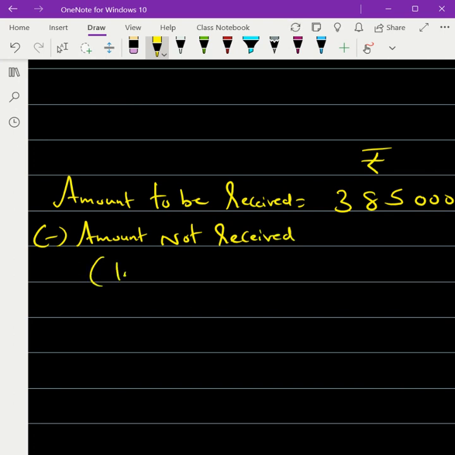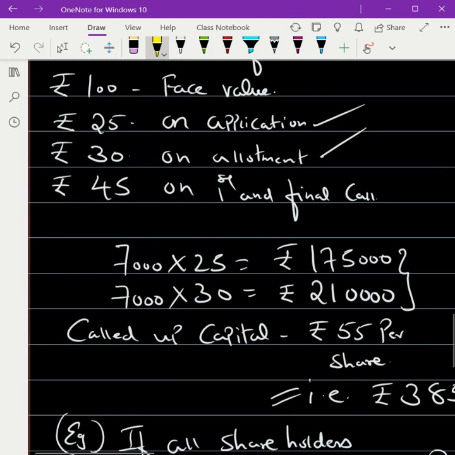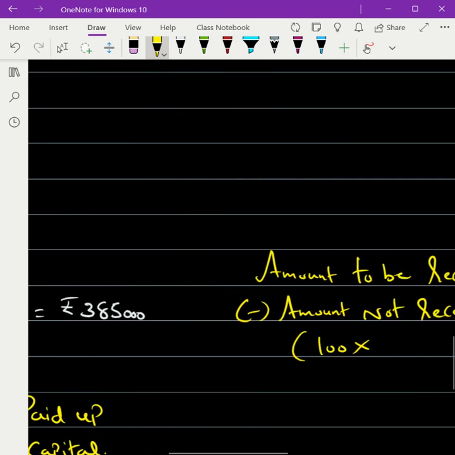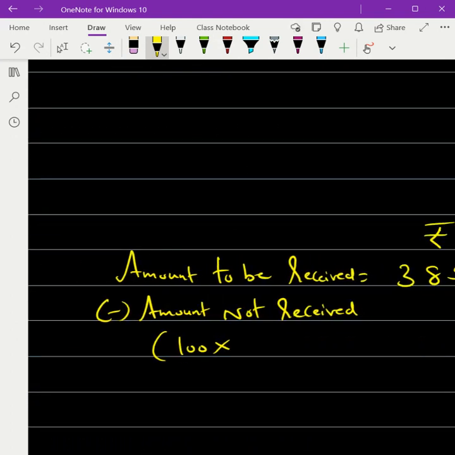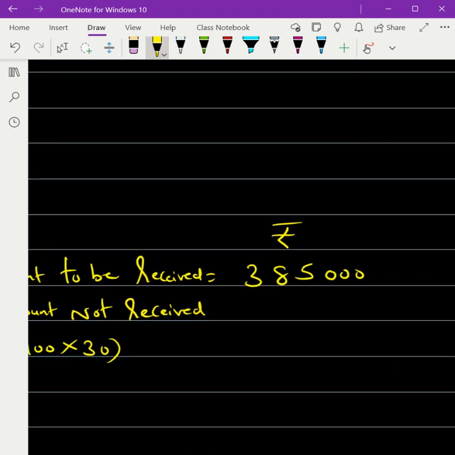That means on 100 shares, which value have you not received? The allotment money you have not received. What is the value of allotment? 30 rupees. So you have to calculate 30 rupees on 100 shares. 30 into 100 will give you 3000.